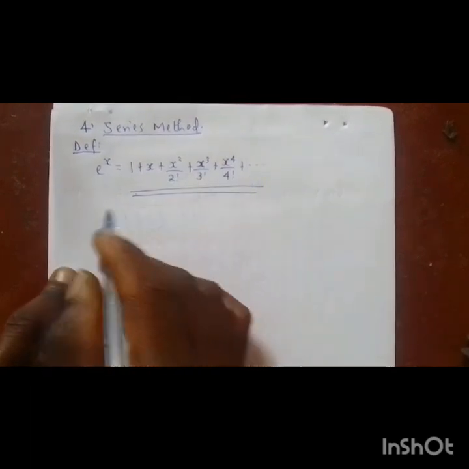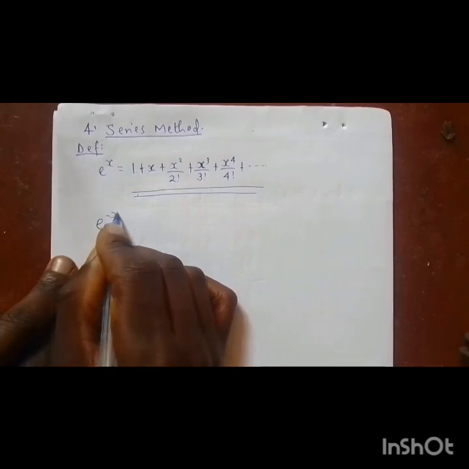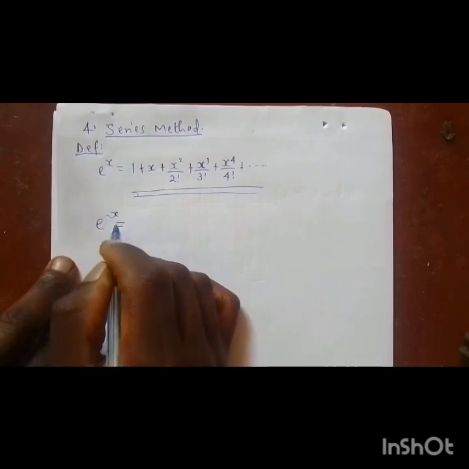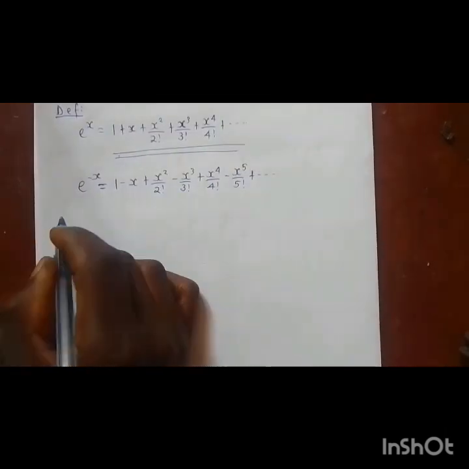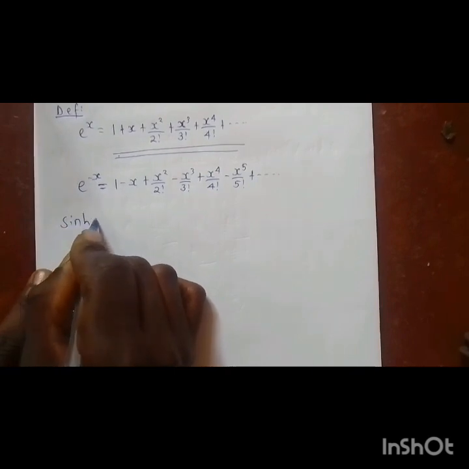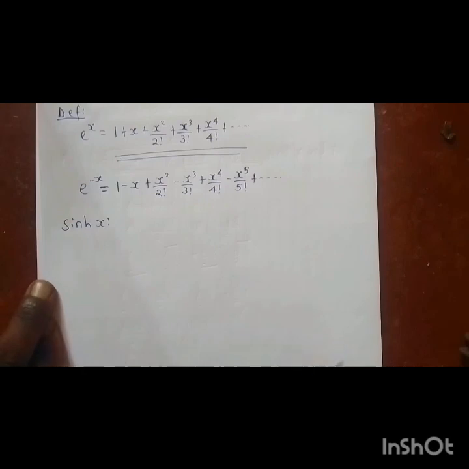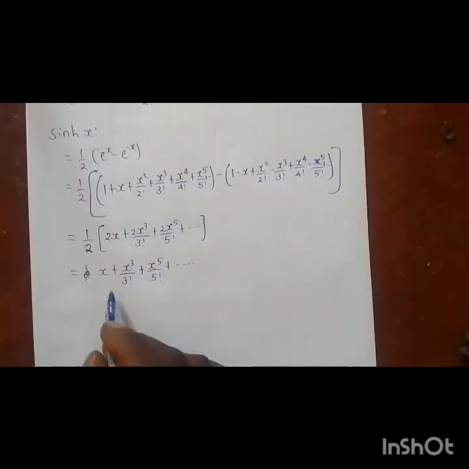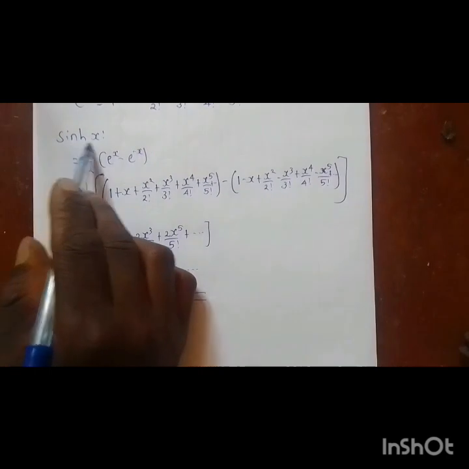And so therefore, when we have e to the negative x, we express it as, so if we have hyperbolic sine of x, for example, we can express it as, so this is the simplest form of sinh of x.